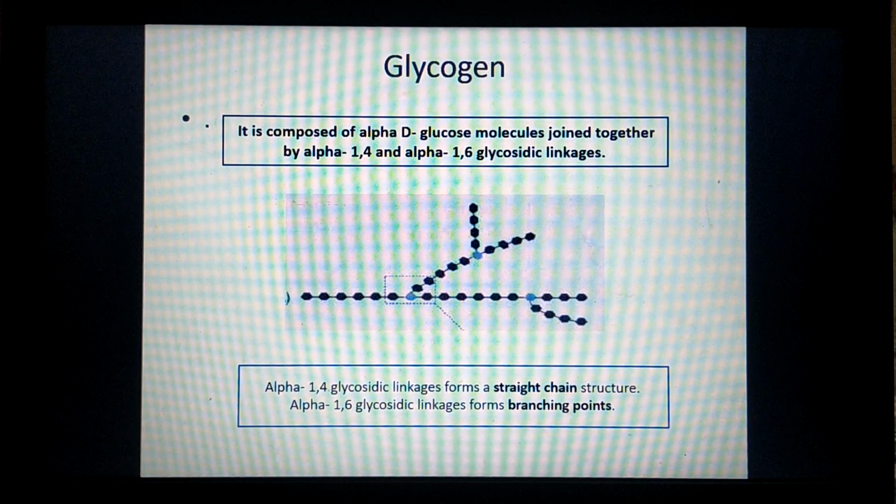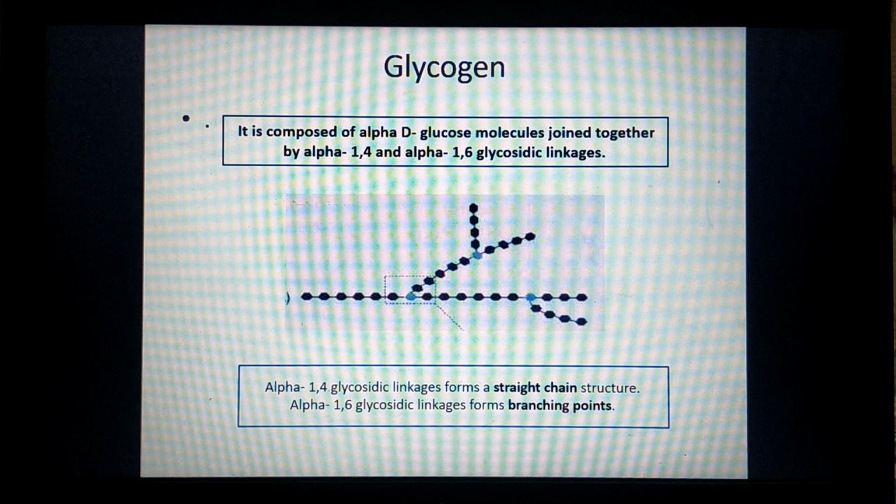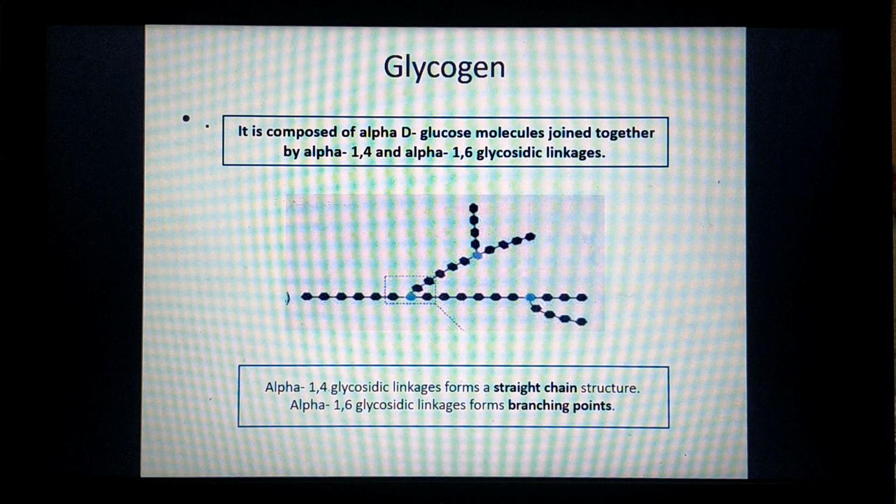Now in this case, two types of linkages are present in glycogen. One is alpha 1,4 glycosidic linkage and another is alpha 1,6 glycosidic linkage. When two glucose molecules are joined in a straight chain, then they possess alpha 1,4 glycosidic linkage. Now when a branching point is created, as shown in this figure, at that point only the alpha 1,6 glycosidic linkage is present.